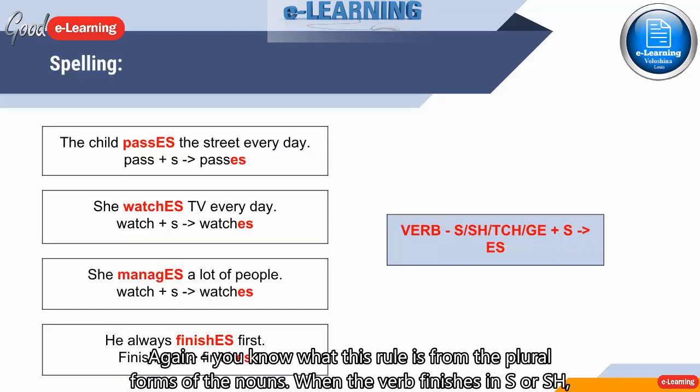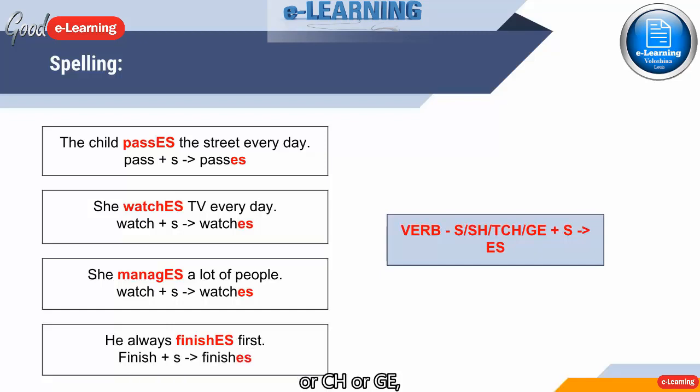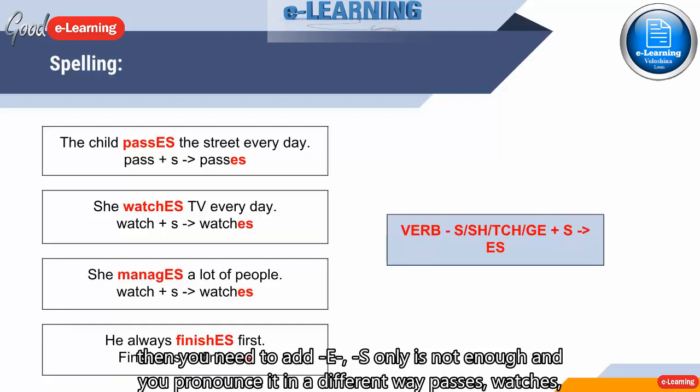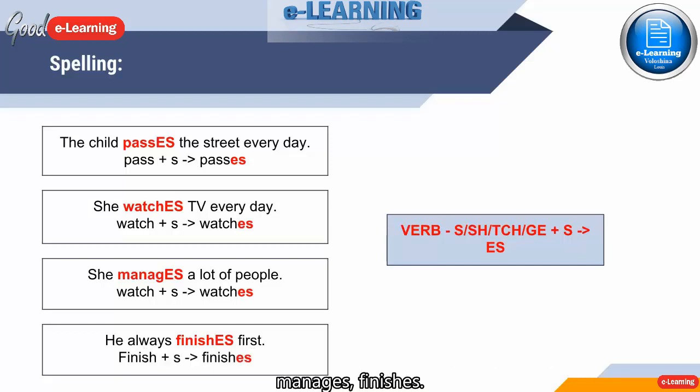When the verb finishes in s or sh or tch or ge, then you need to add e. S only is not enough. And you pronounce it in a different way. Passes, watches, manages, finishes.